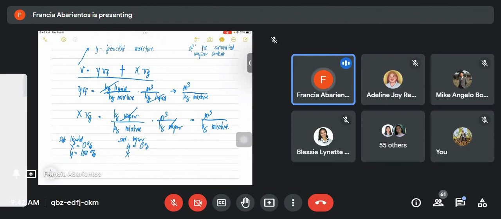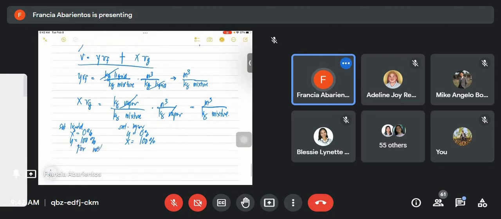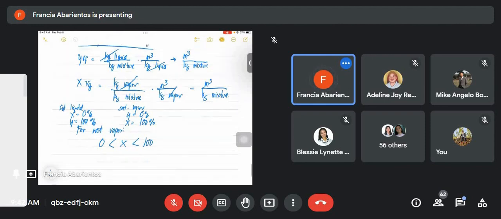So, considering that, for a wet vapor, ang X natin is between 0 and 100, greater than 0 or less than 100. But we all know that X plus Y is equal to 100%.